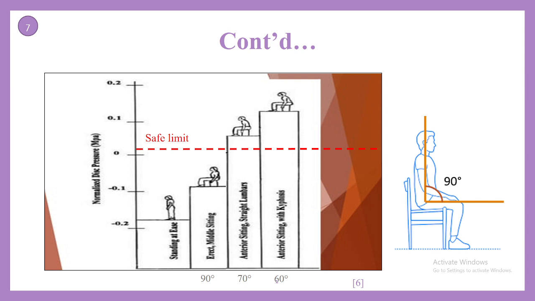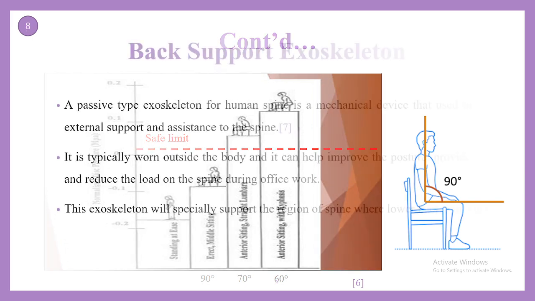So here you can see the safe limit. We have to maintain the spinal position, and we have to do some sort of research to protect our back. To protect our back, we have to use some other sort of methods.